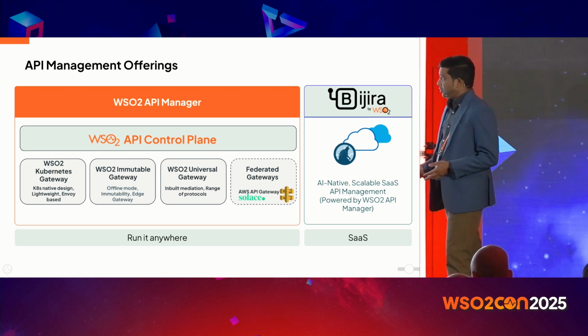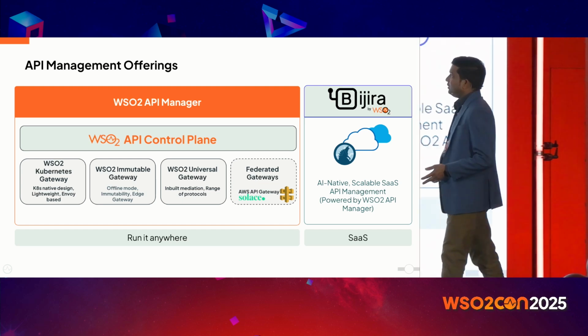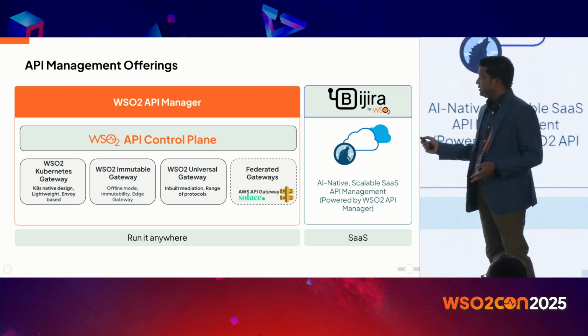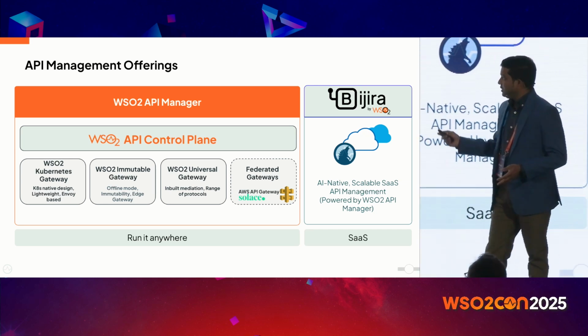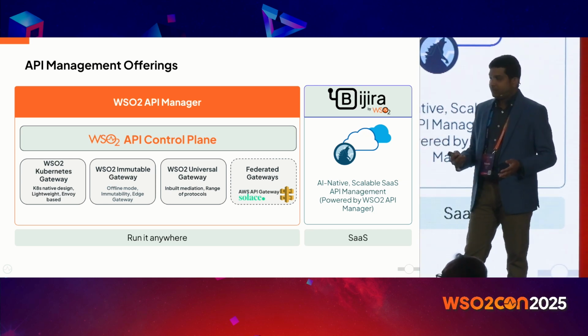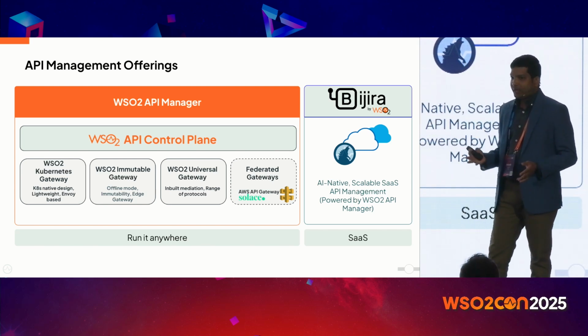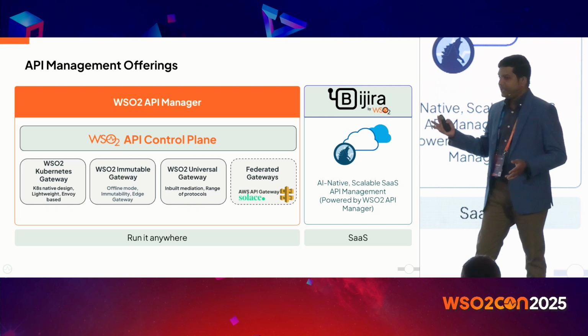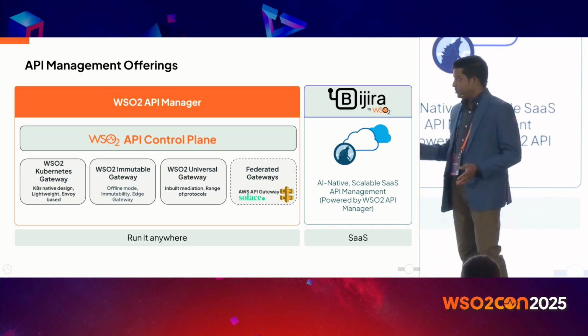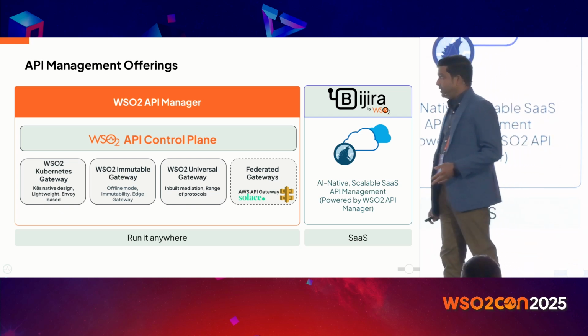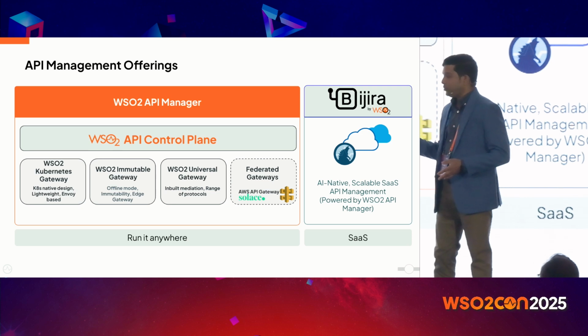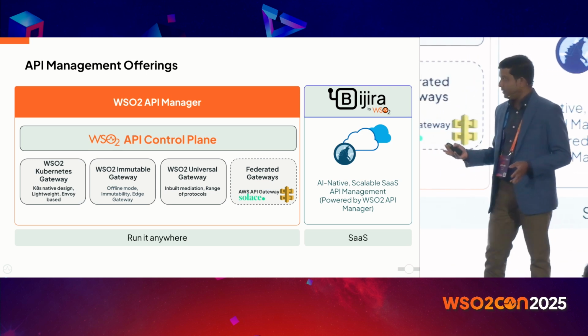So if I talk about the WSO2 API Manager software version, we have a WSO2 API control plane, which basically you can use to control multiple gateways that we have. Starting with the WSO2 Kubernetes gateway, previously known as WSO2 APK.